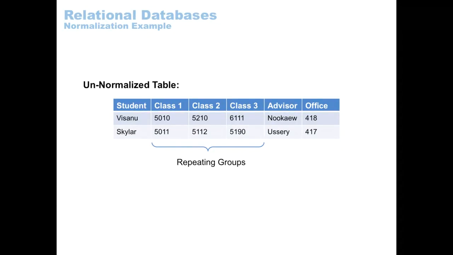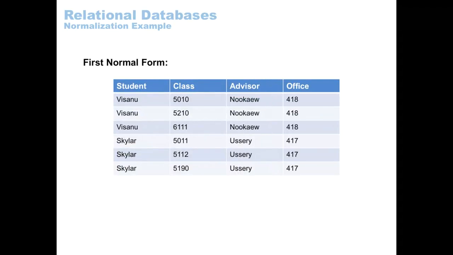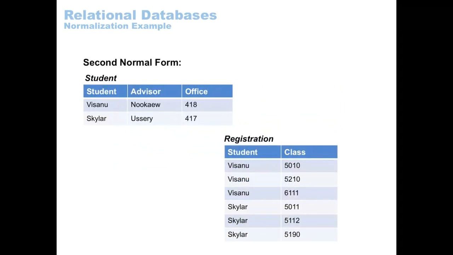So to get rid of these repeating groups, we do it this way, by putting repeated entries into the table. And now the problem with this database in first normal form is we have redundant information over here. To get rid of the redundant information, we split it into a couple of tables. And so this is looking more compact, less redundant, but there's still a problem.